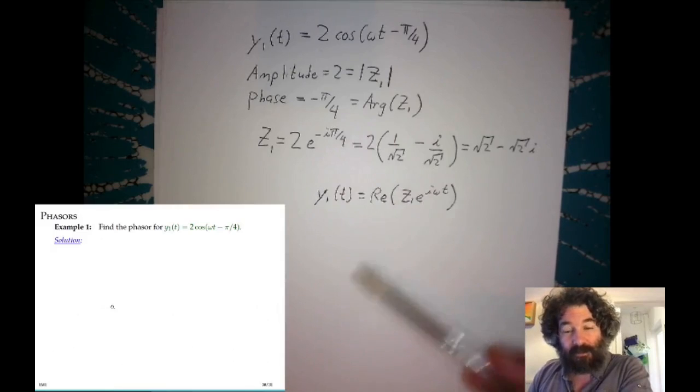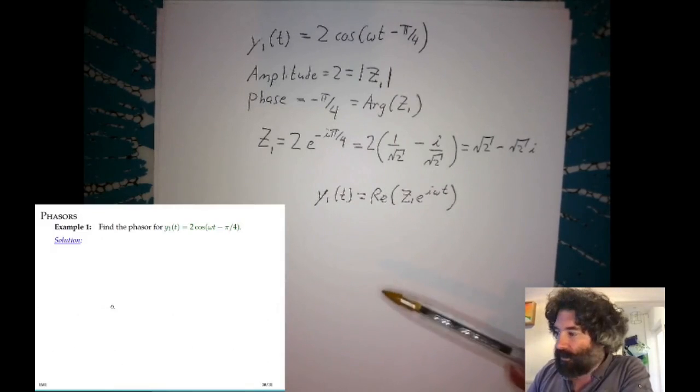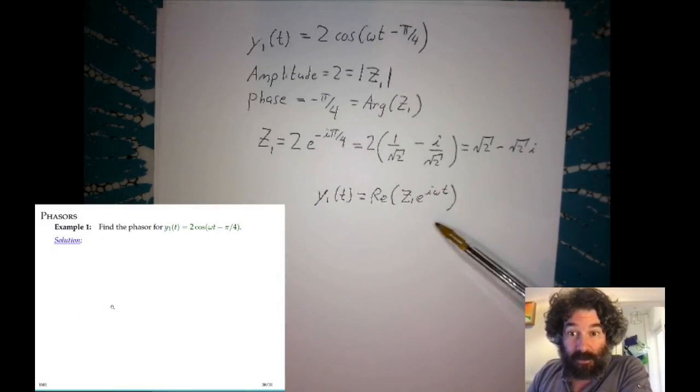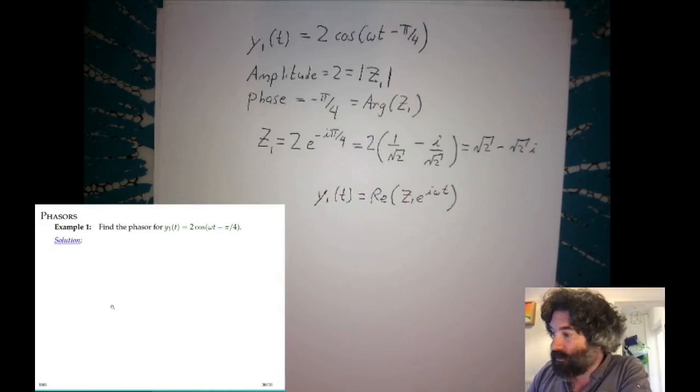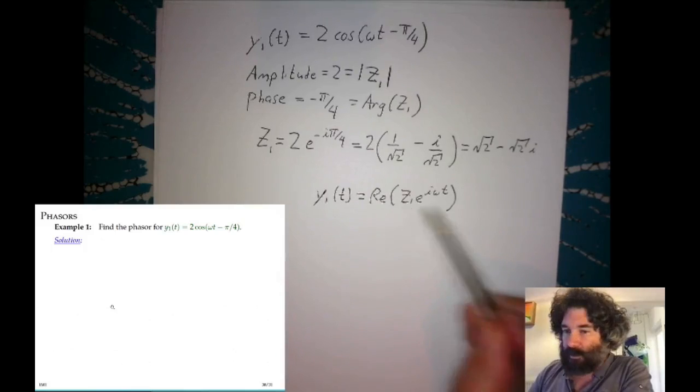You'll probably see this if you take further classes on waves or oscillations in applications. You just work with the complex numbers and consider the phasors. You have to remember that really for the real application, for the real oscillation, it's the real part of the complex number.